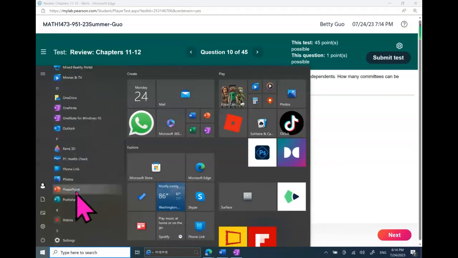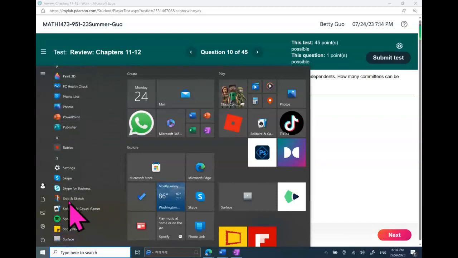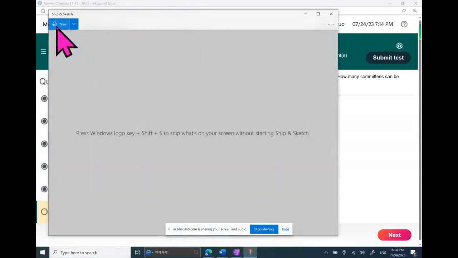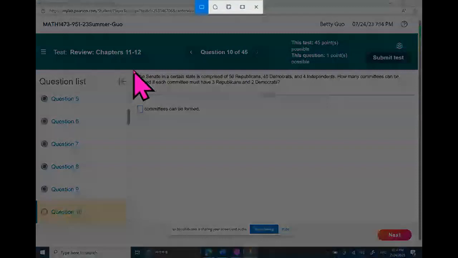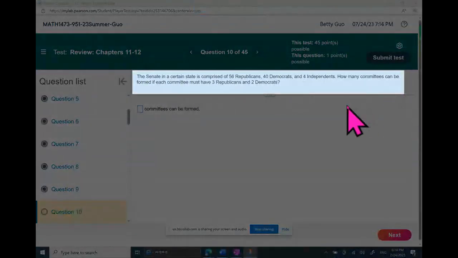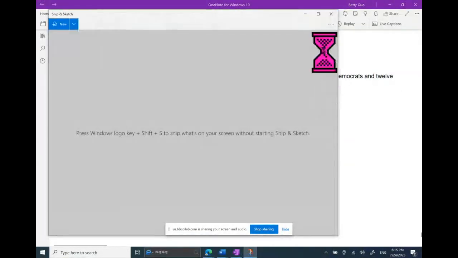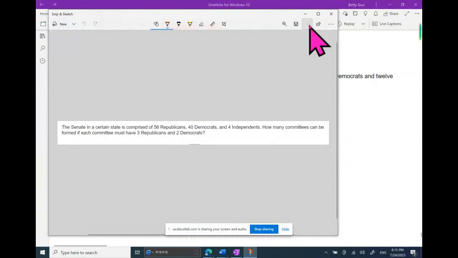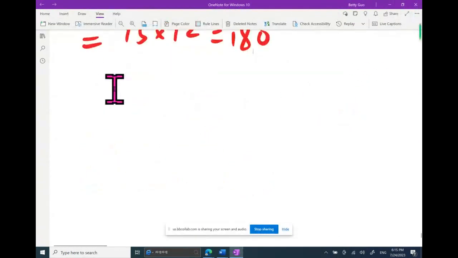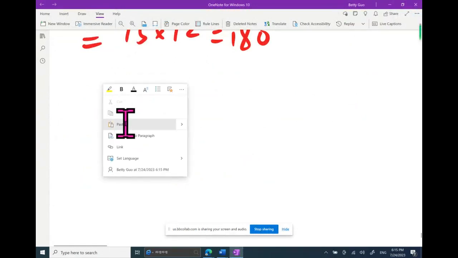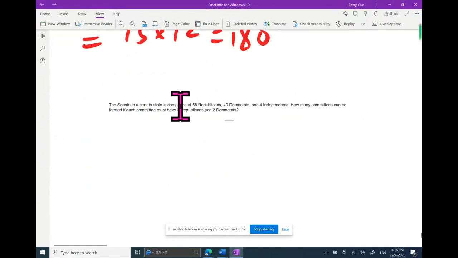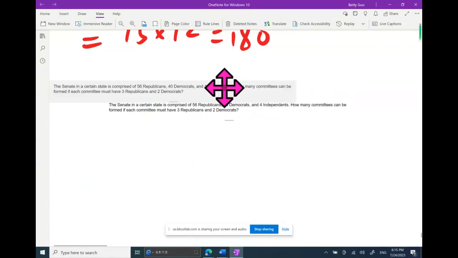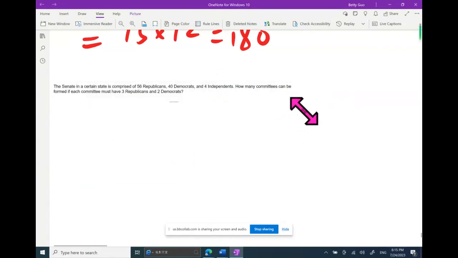Not exactly the same, but the same type of problem, just different numbers. The task here is to form a committee, right? And the committee needs to have a certain number of Democrats and a certain number of Republicans. So this task also has 2 steps.